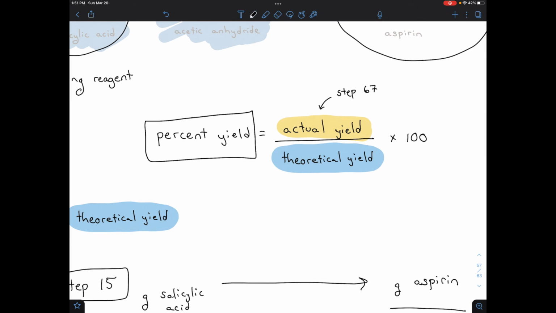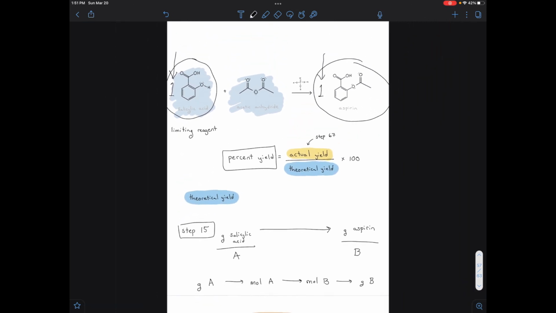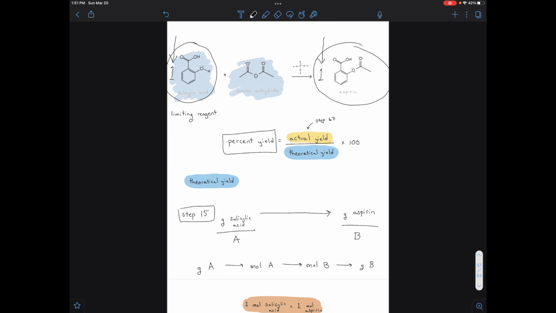And the percent yield tells you how efficiently you performed the experiment. If you have an 80% yield, that means your group made 80% of what you could have theoretically made. If you have a 20% yield, your group made 20% of what you theoretically could have made. So hopefully this video helped you a little bit with calculating the percent yield for making aspirin from salicylic acid.